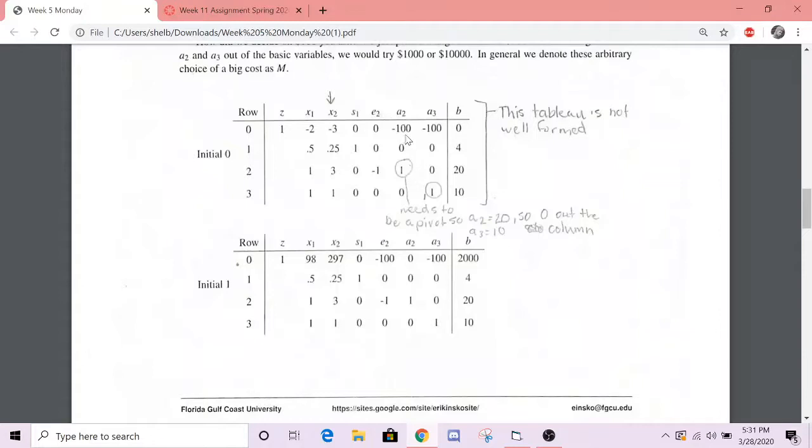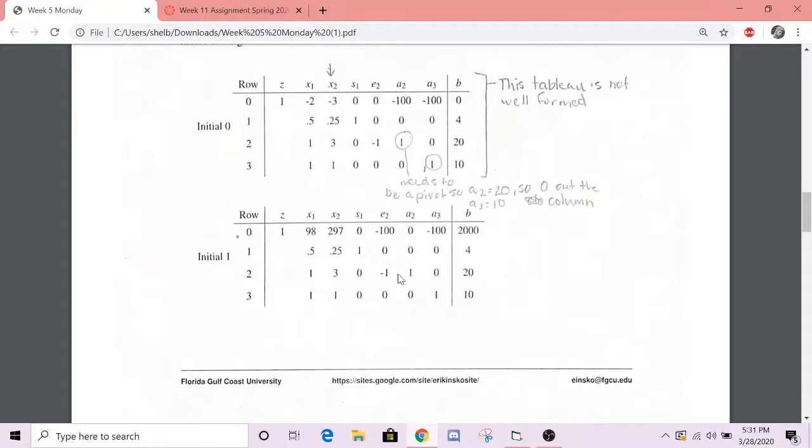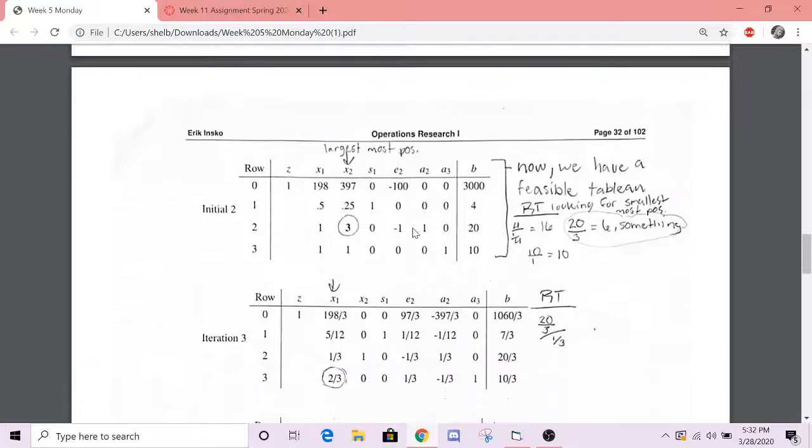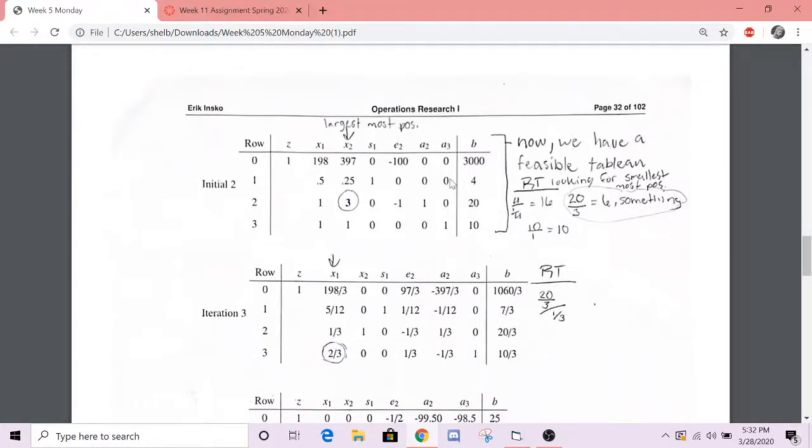We do that by multiplying row 2 by 100 and adding it to row 0, and then multiplying row 3 by 100 and adding it to row 0. In the first step, we took care of the negative 100 in A2 in initial tableau 1, and then in initial tableau 2, we took care of the negative 100 in A3. So now that we have a feasible tableau, it is rectified.